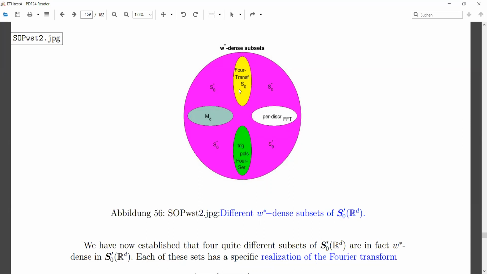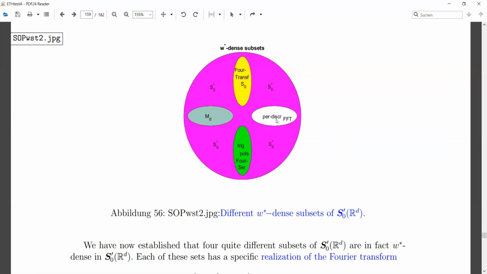This is done in a hand-waving way in many books and presentations, but we will see it's actually a weak star limit. And because you can do this, you can also do it with trigonometric polynomials and even with the periodic discrete Fourier transform. So you can say, if you accept the collection of all the FFTs of appropriate lengths, but then you embed it into S0, and this embedding is almost never discussed. We will discuss it in this course in more detail.